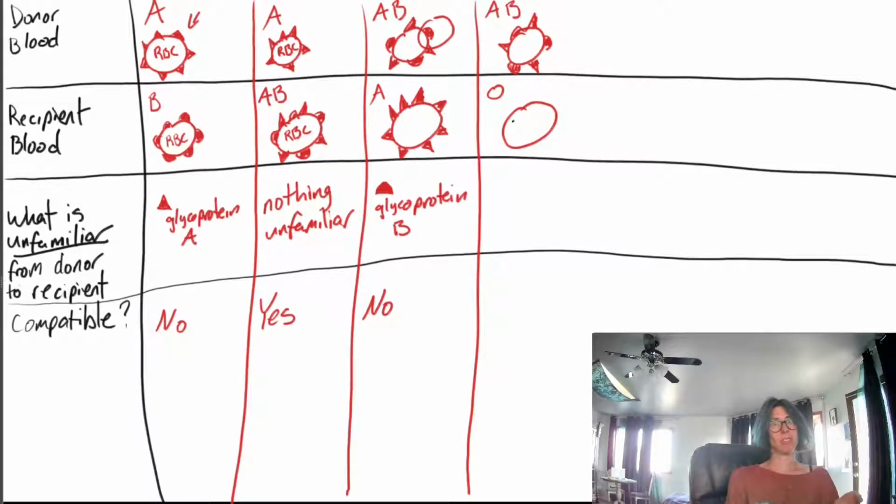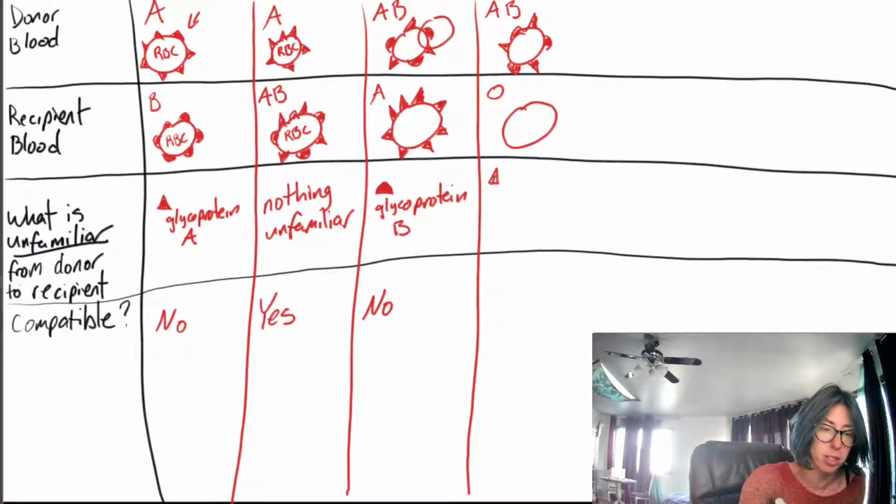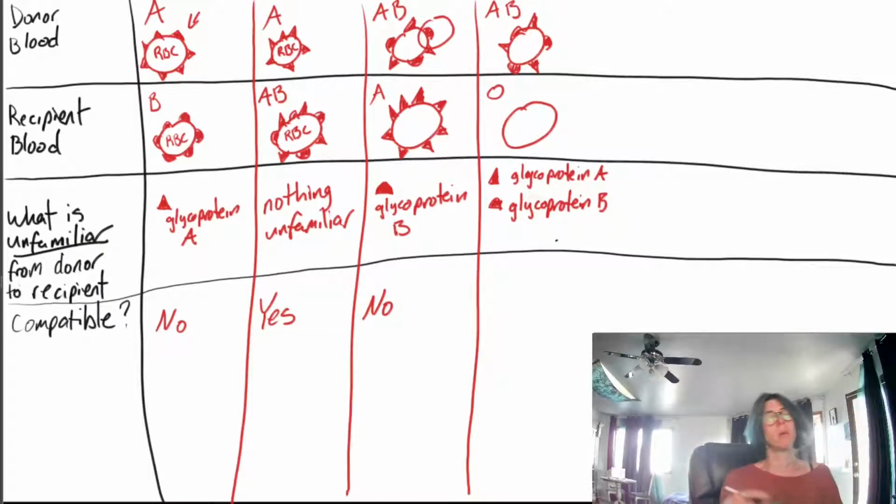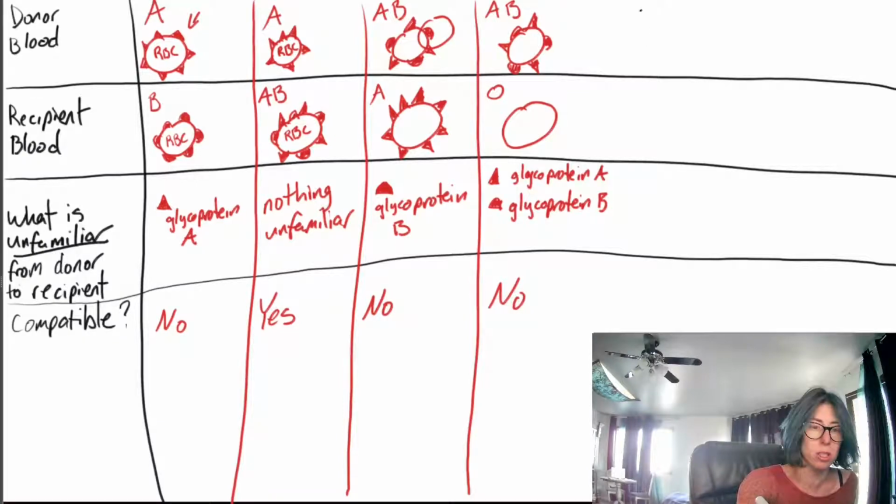Well, O doesn't have glycoprotein A, and the O recipient doesn't have glycoprotein B. Both A and B are unfamiliar, because people who are type O don't have any of those glycoproteins. So people who are type O can only receive from other O's. So no, these blood types are not compatible for transfusion.